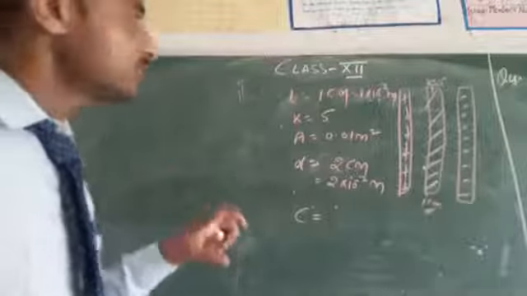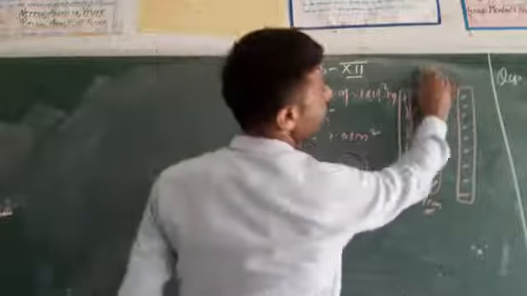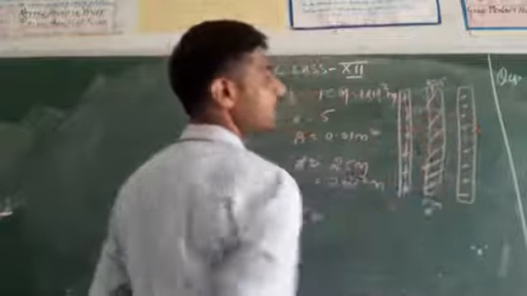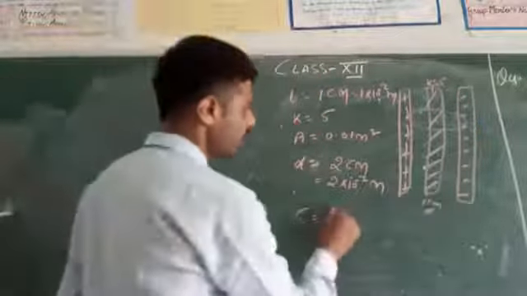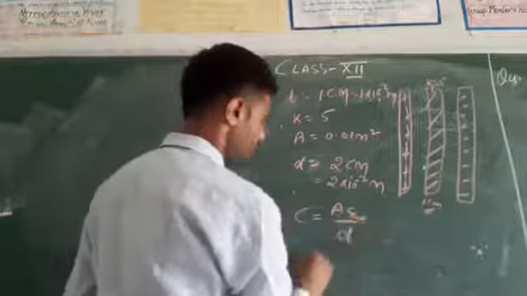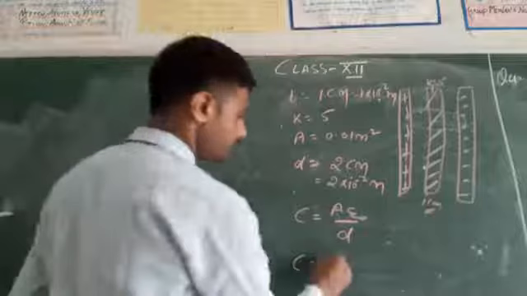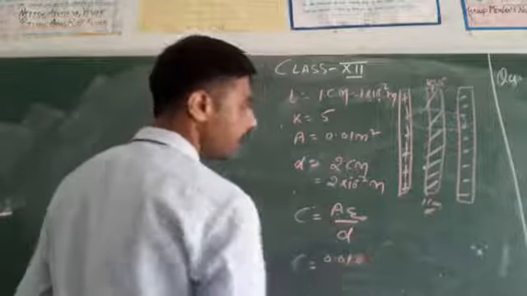I hope you understand. So first we have to find the capacitance in the absence of the dielectric slab. When there is no dielectric slab between the plates, it means there is air between the plates. So as you know the formula, C naught is A epsilon naught upon d. The area is 0.01, the value of epsilon naught is 8.85 into 10 to the power minus 12, and the value of d is 2 into 10 to the power minus 2.